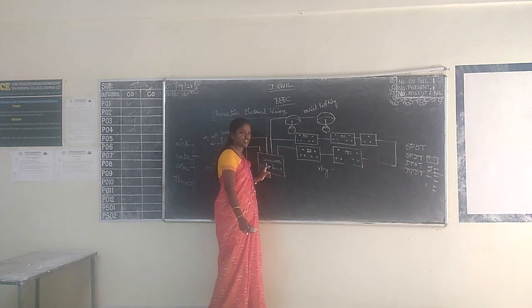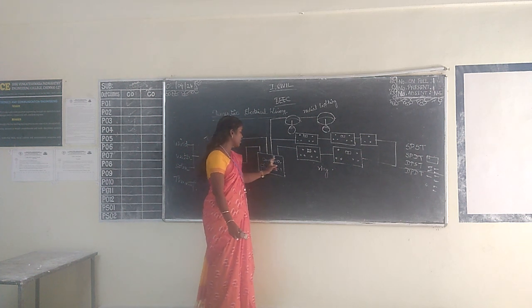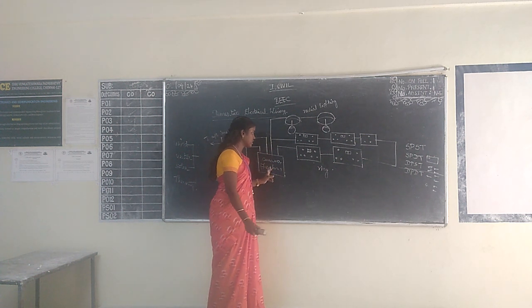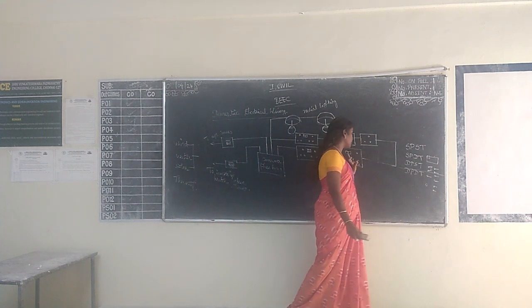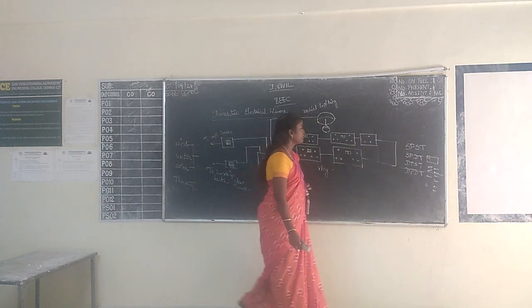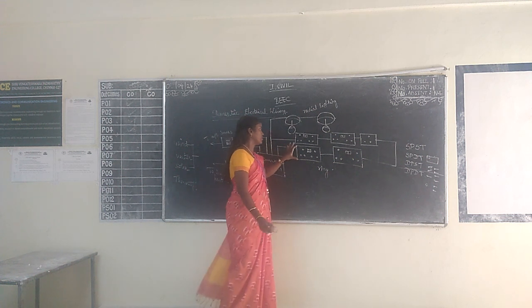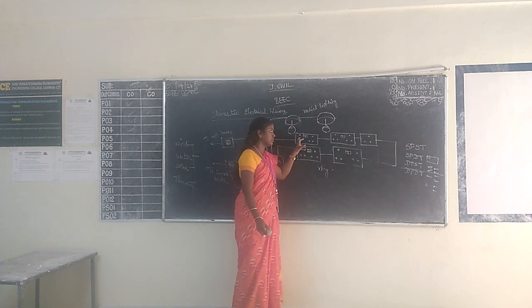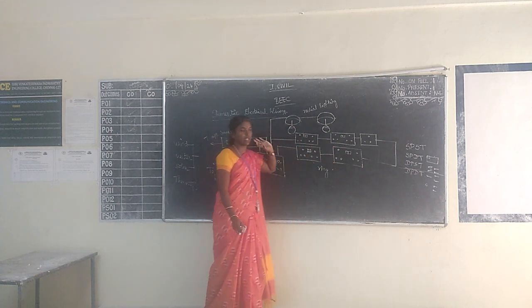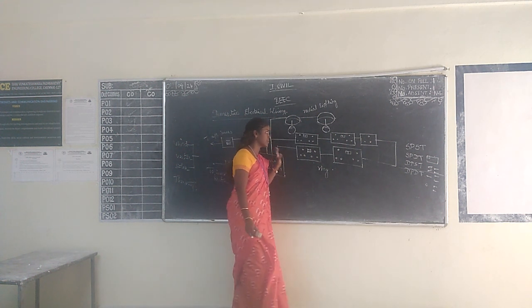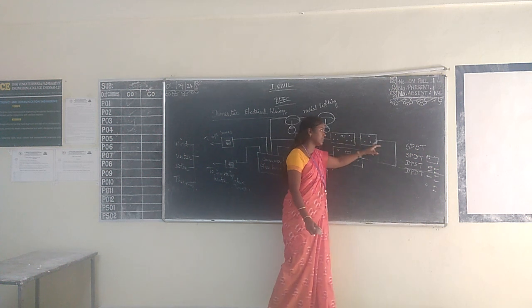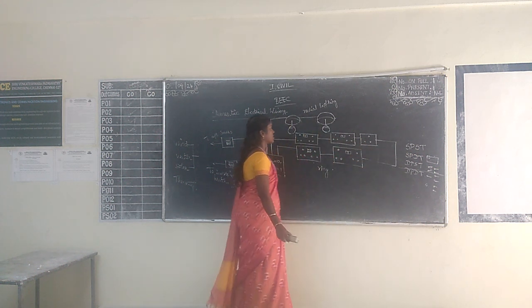This is nothing but a consumer box, or we can call it a fuse box. Using this box, we connect the various sets of these boxes in various rooms, for appliances like fan, AC, fridge, and whatever else we are going to use.